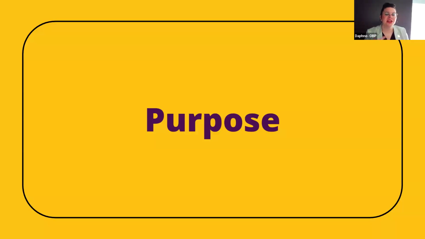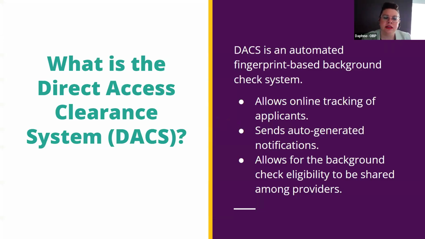So just a little bit of background about background checks and the DACS system. DACS, the direct access clearance system, is an automated fingerprint-based system for background checks. It allows online tracking of applicants. It sends notifications when we make determinations or when the applicant is in different parts of the process.